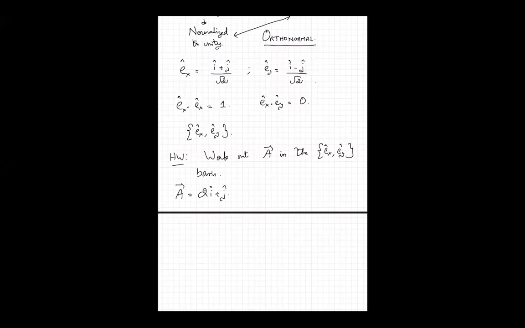So we can invert these relations, invert whatever I have written in this box and write i and j in terms of ex and ey, and you can write A in terms of ex and ey. You would find that A in the ex ey basis can be written as the following vector, if my calculation is right, and you should check this.